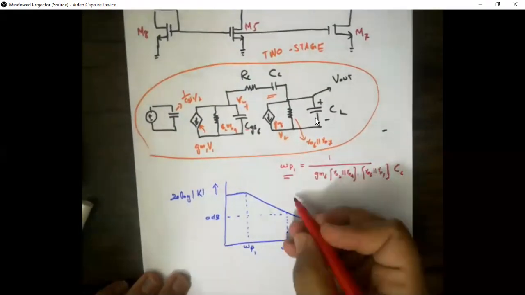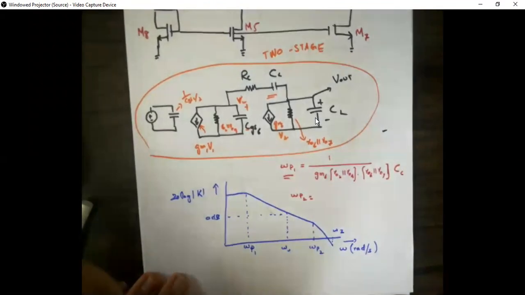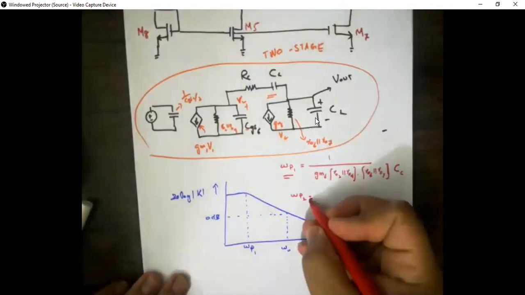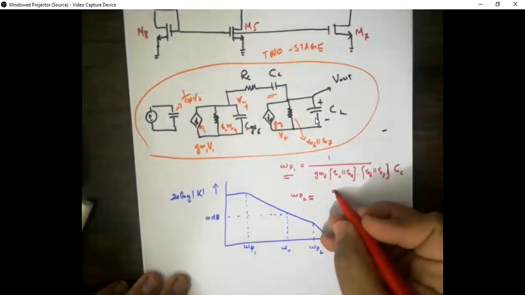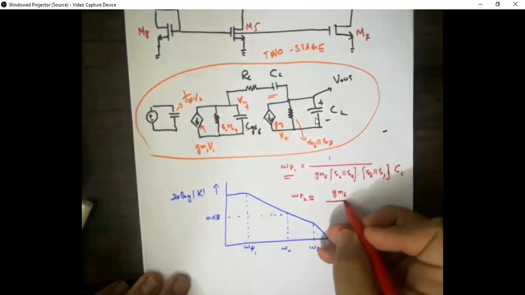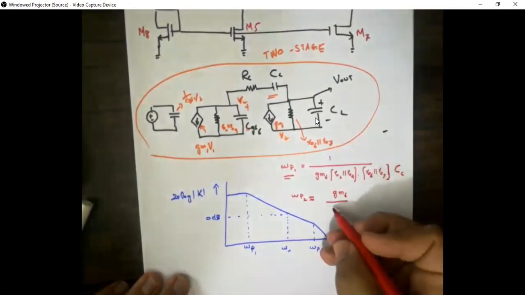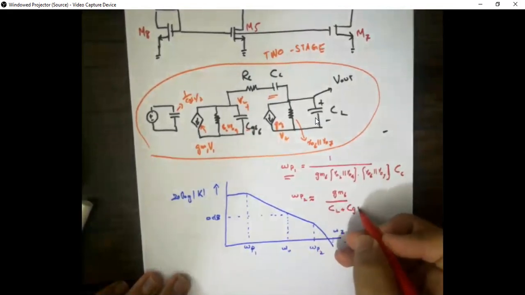Then if you recall omega P2, after adding the compensation capacitor, we assume that this acts as a short, so the approximate behavior was dependent on GM6 divided by CL plus CGS6.